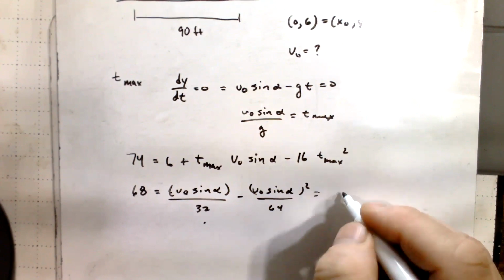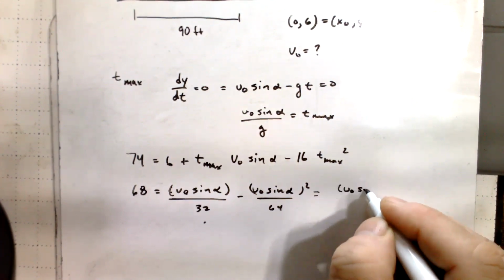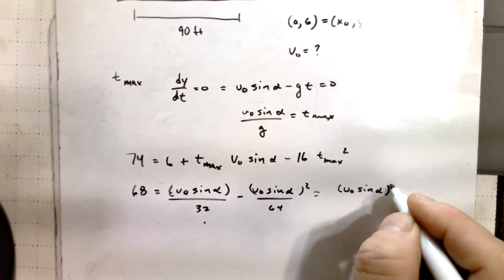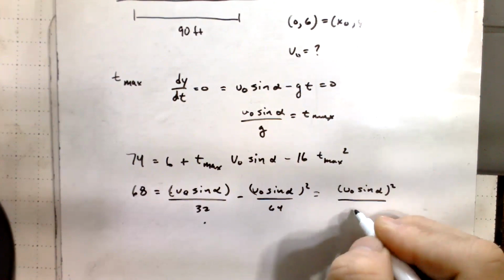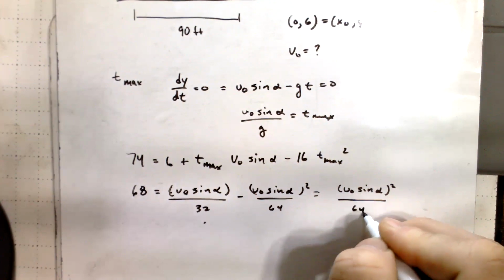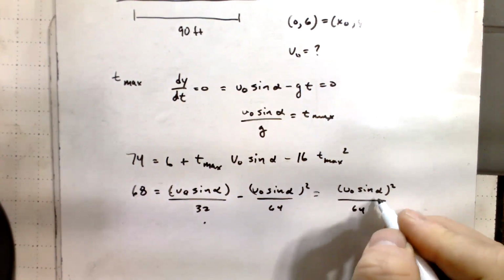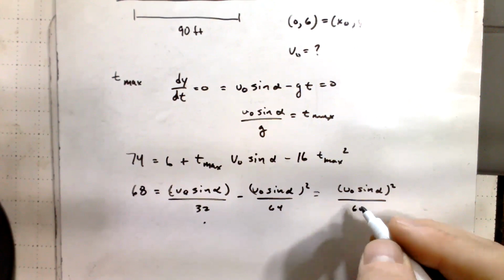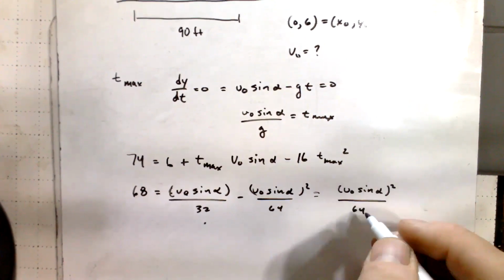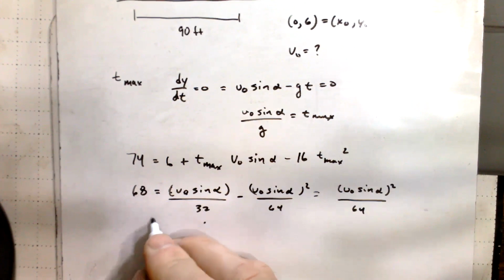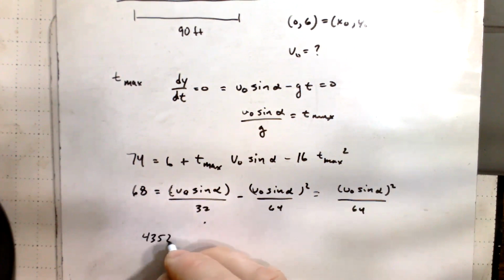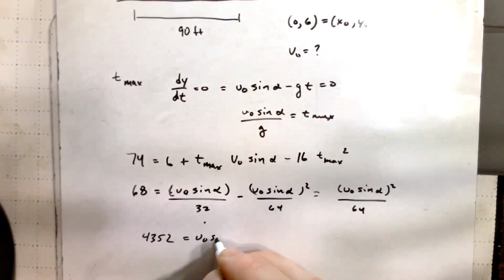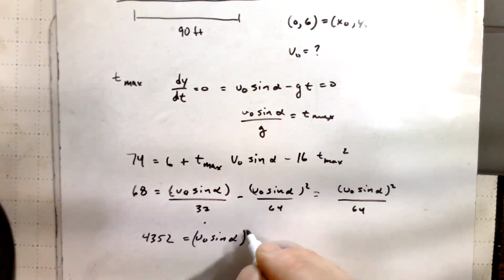So that's going to be V naught sine alpha squared over 64. Multiplying both sides by 64, 68 times 64 is 4352, equal to V naught sine alpha squared.